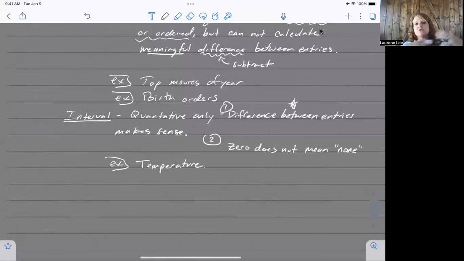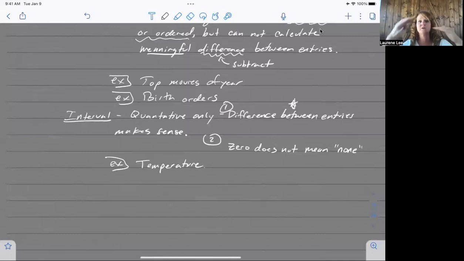There's no such thing as negative weight. So 0 is as low as you can go when you're measuring weight, and it goes up from then. So in that case, 0 actually does mean none. So weight is not an interval measurement, okay?